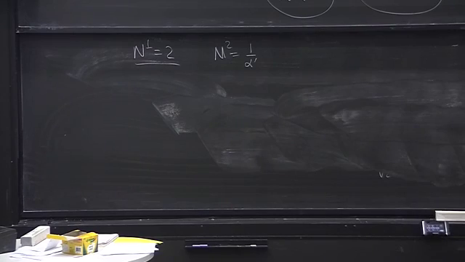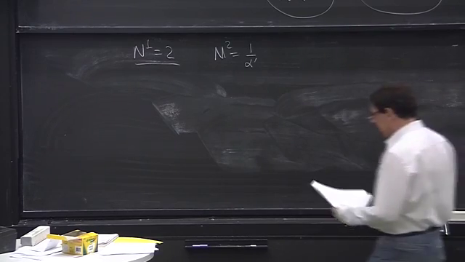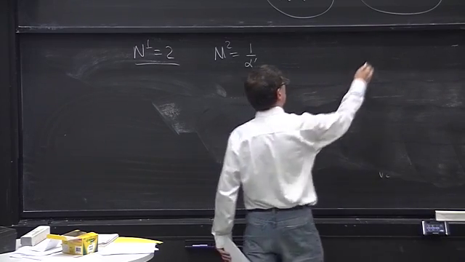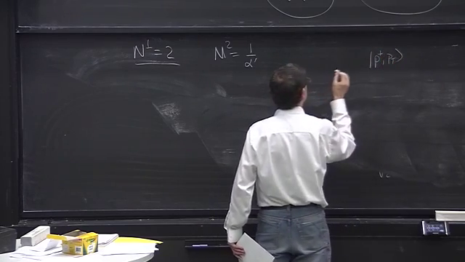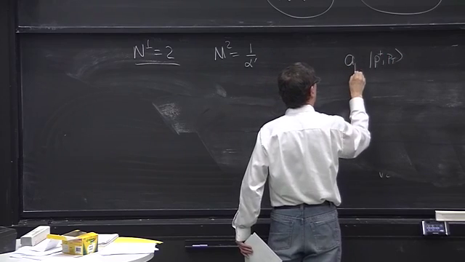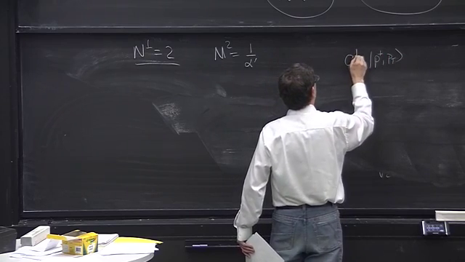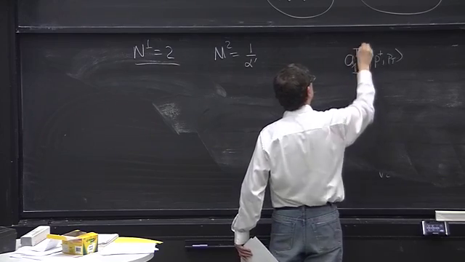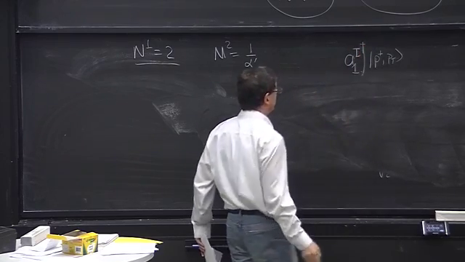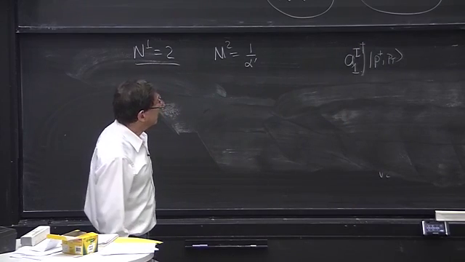Now I have to get things with 2, number 2, acting on P plus, P transverse. So I can act with A1 I dagger, all these labels, 3 labels per oscillator. That's a lot of labels.